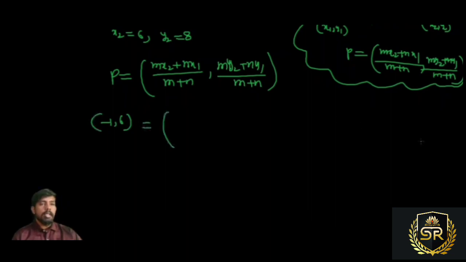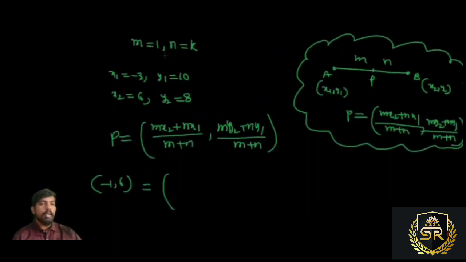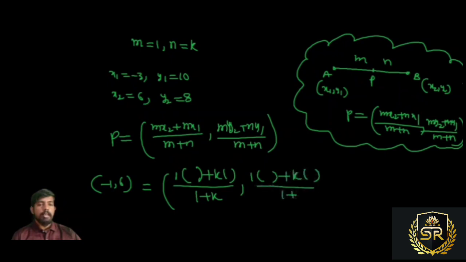Next, what is the m value? 1. So 1 into x2 plus k into x1 by 1 plus k, comma 1 into y2 plus k into y1 by 1 plus k.